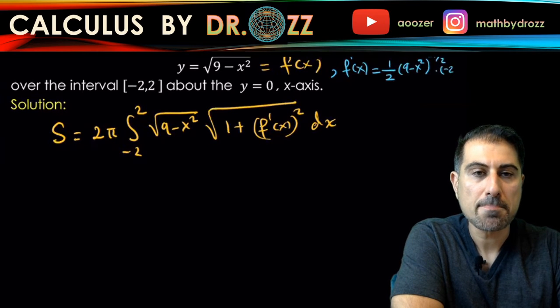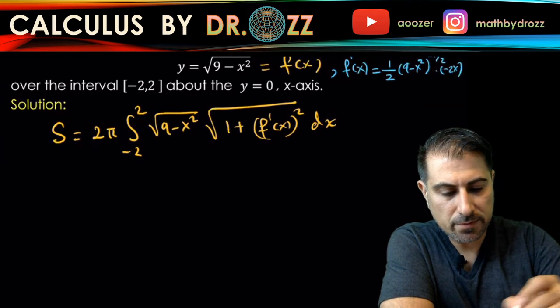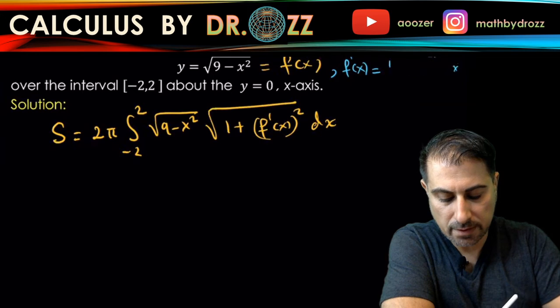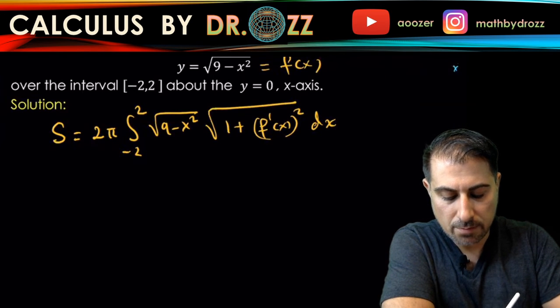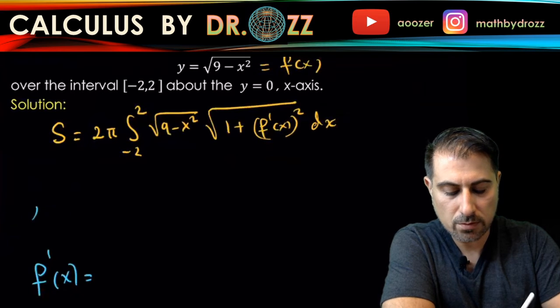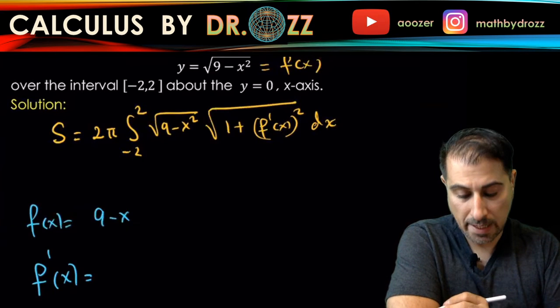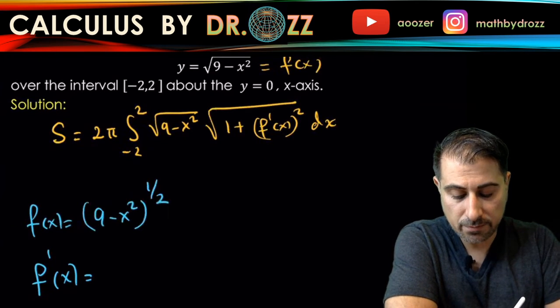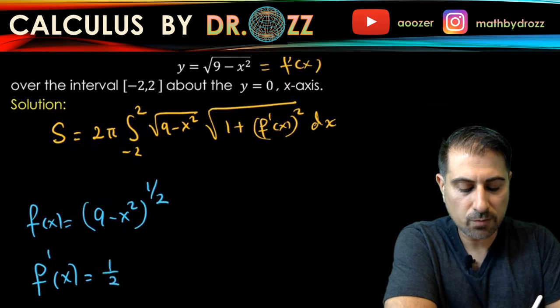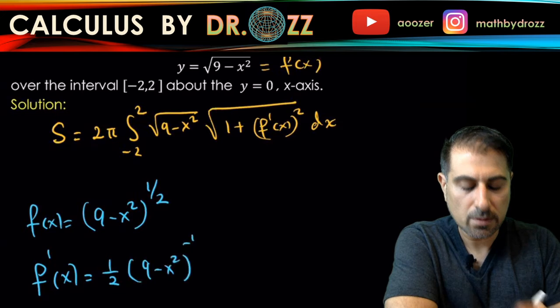Okay. Let me just in fact write it clean, so I think you weren't able to see that one. Just write it here. f prime of x for f of x equals 9 minus x squared to the power of 1/2. That's 1/2 times 9 minus x squared to the power of -1/2 times -2x.